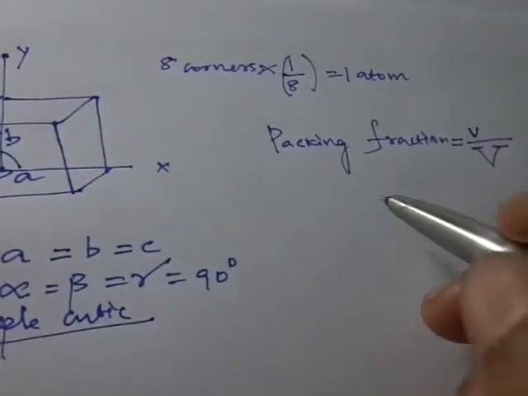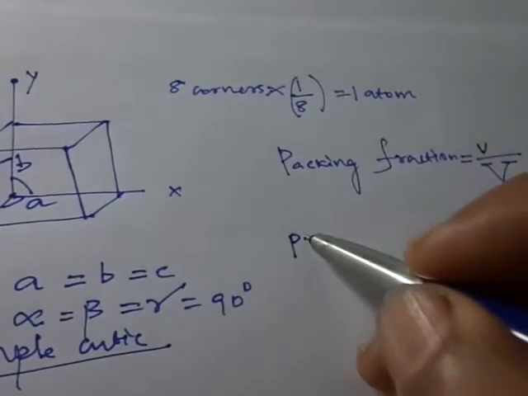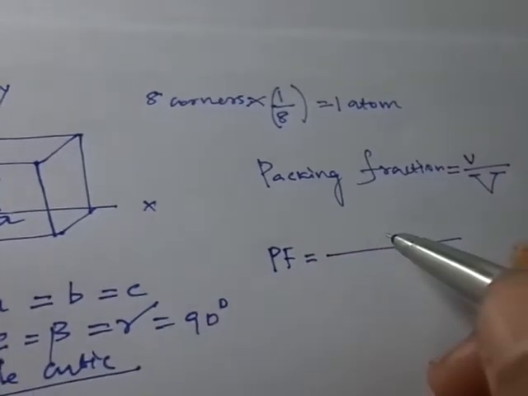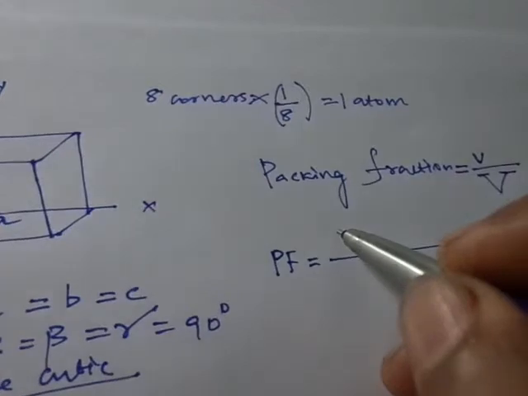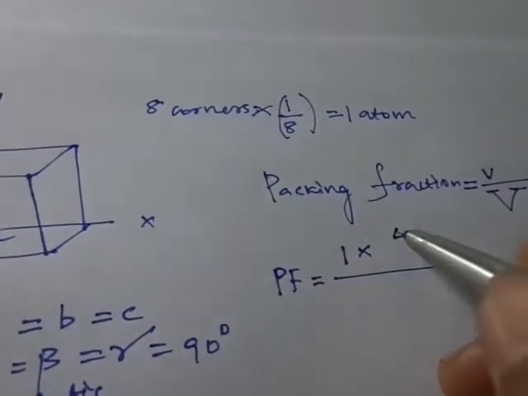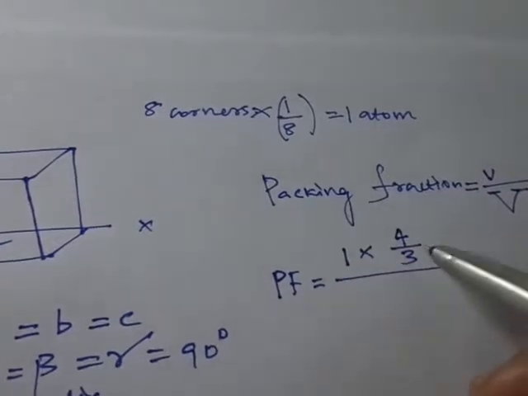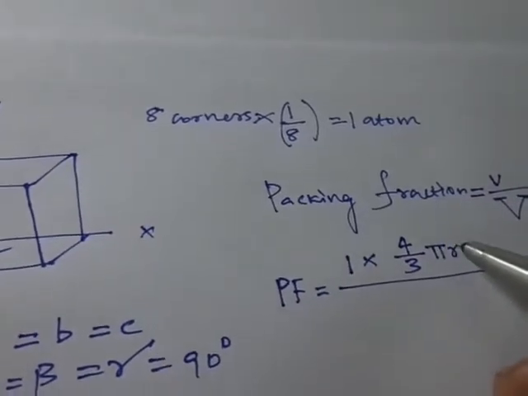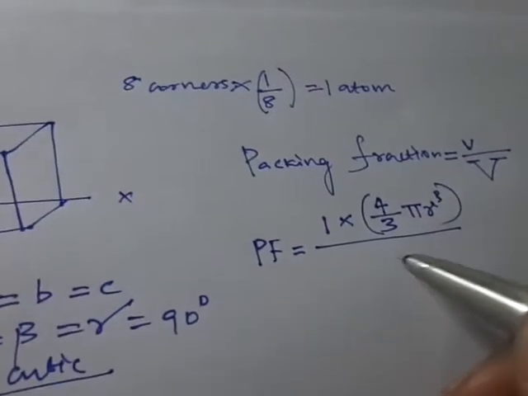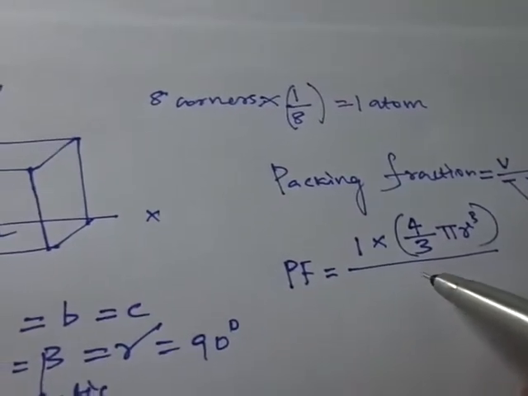So to get that packing factor, in this case it is one atom inside, so it is a spherical shaped object, so 4/3 pi r cube, one atom's volume divided by volume of the unit cell.